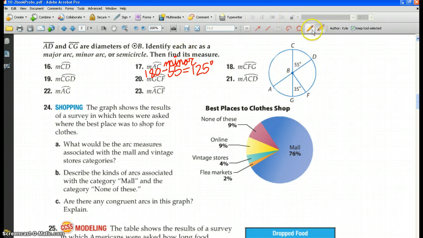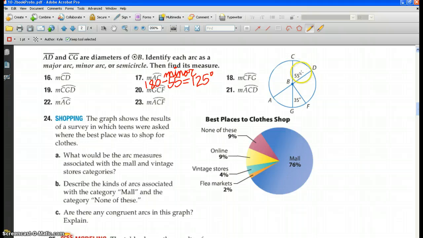For number 19, find the measure of arc CGD. So C, go through G, end up at D. Well, that's the entire circle except for this part. So it's obviously greater than 180, so we can call that a major arc.